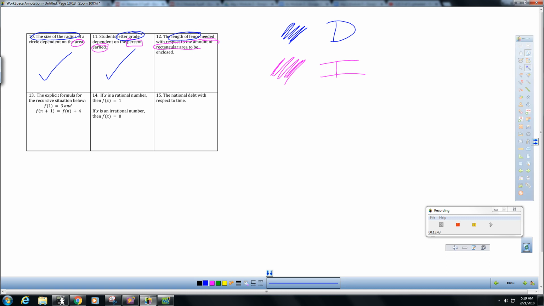If the length of fence is dependent on the area, well, let's say I pick an area of 16. So my area is 16. Well, what if it was 4 by 4? What would be the length of fence?